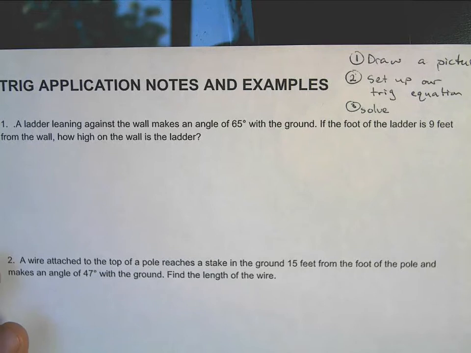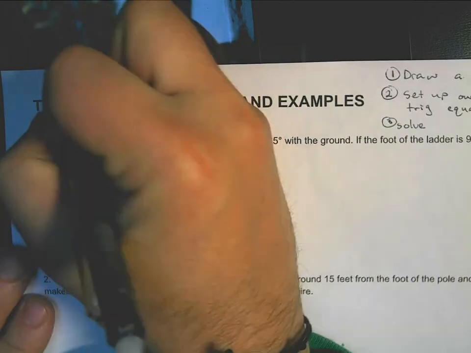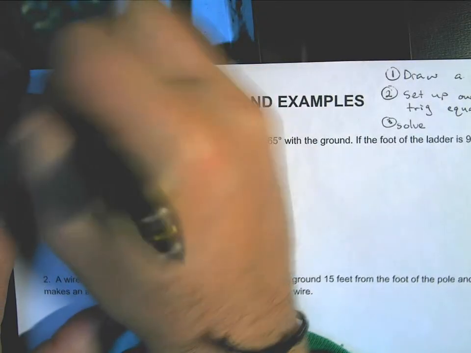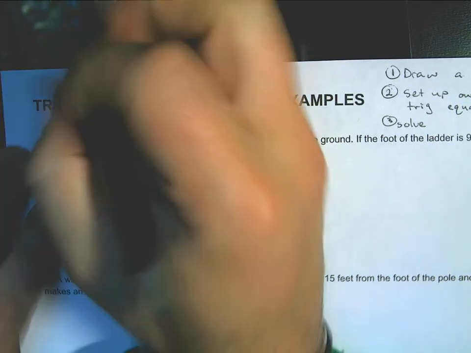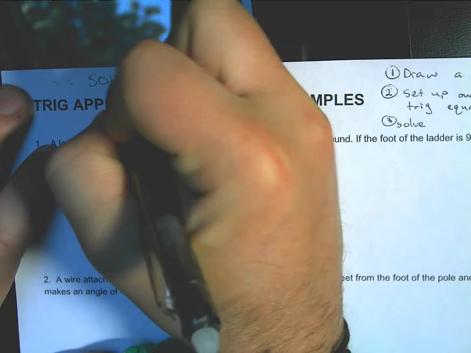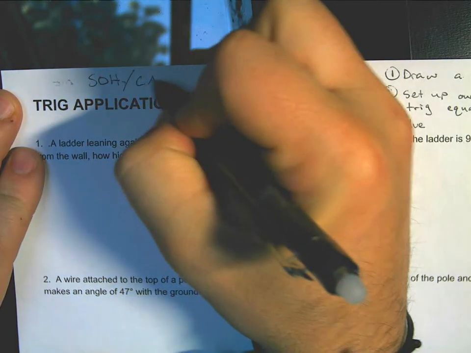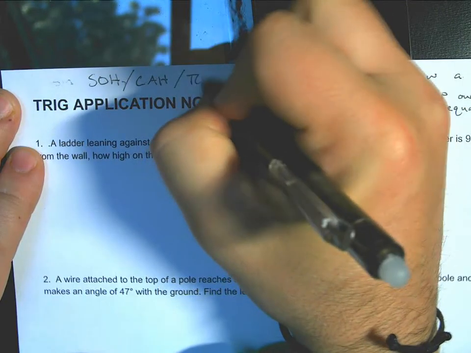Okay, so before we begin, we're going to have to review the three trig equations that we'll use. The first one is our sine equation. We're just going to use that acronym that we've been talking about for the past week or so to remind us. We're not going to write out all three. So we have SOH, CAH, and then TOA.